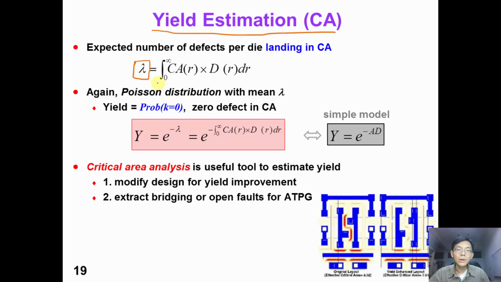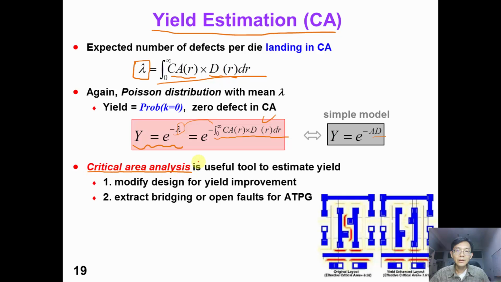So we take the integration from R equal to 0 to R equal to infinity, Ca of R times D of R, dr. Now the yield can be written as exponential minus lambda, where lambda is the integration function. Compared with the previous simple model, our new model is more sophisticated.